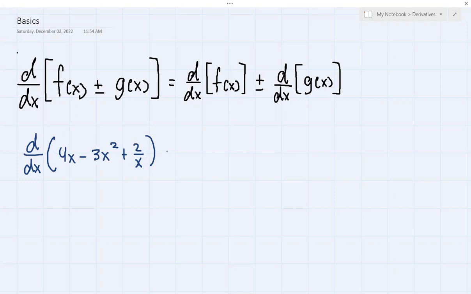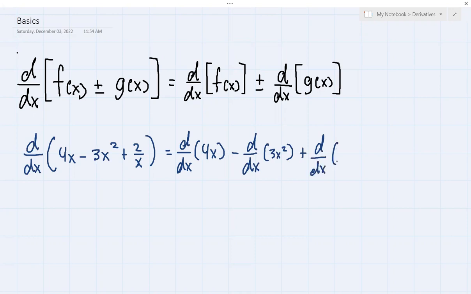No worries. Okay? So what to do again? I-differentiate natin sila isa't isa. So we have the derivative of 4x minus the derivative of 3x squared plus the derivative of 2 all over x.